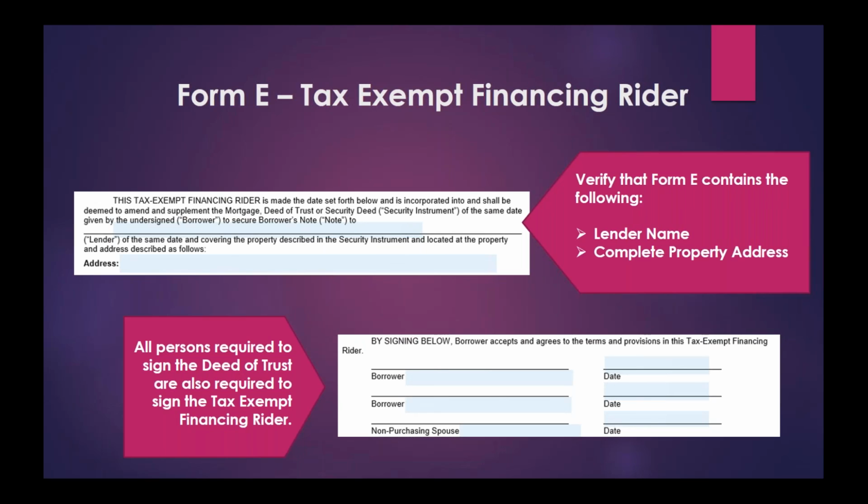Form E needs to contain the lender's name and the complete property address, and be signed by the borrower, non-purchasing spouse, not the cosigner, but if the occupant has been pre-qualified by NIFA as a first-time home buyer and they're taking title, then they would sign this form as well.